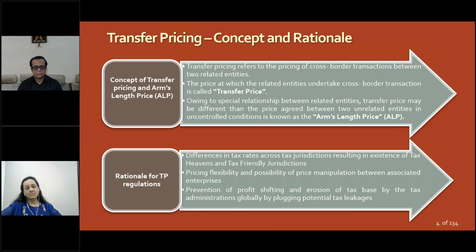And therefore, there were tax leakages, or there was an erosion of the tax base in a high tax jurisdiction. To plug these tax leakages, slowly different countries came up with transfer pricing regulations in each of their countries.